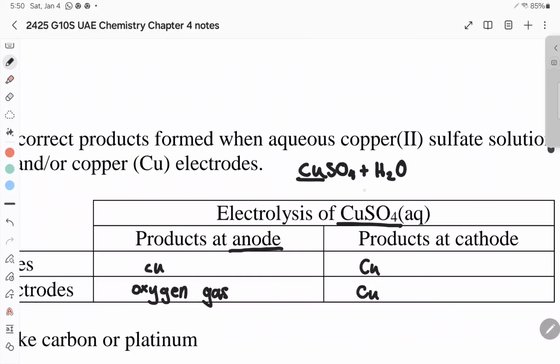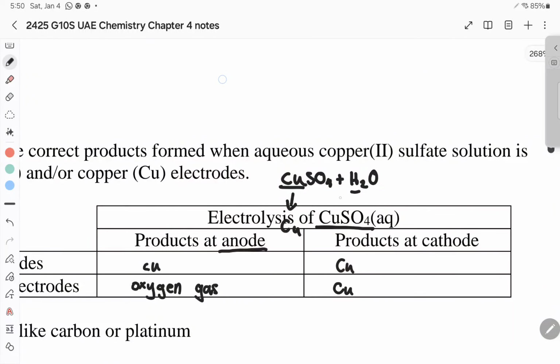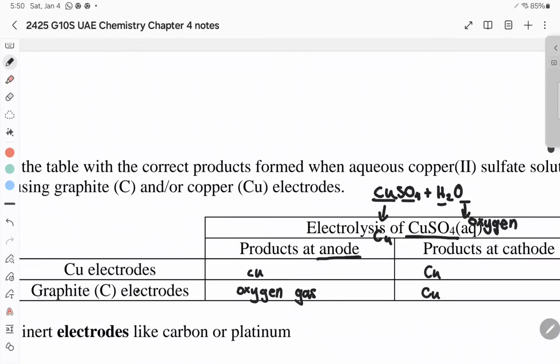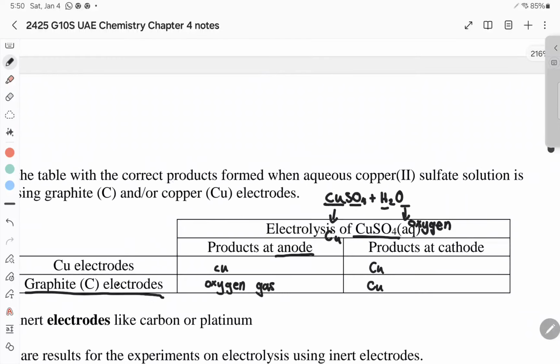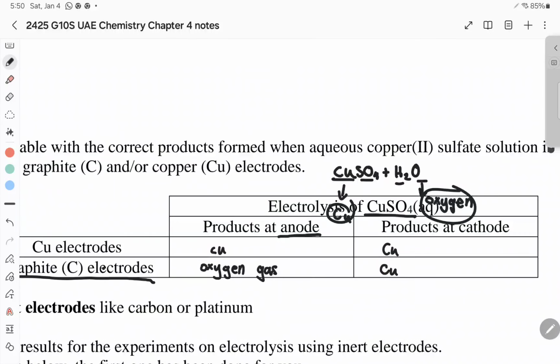So between the Cu and the H, Cu is going to form Cu at the cathode, and between the SO4 and the OH, it's going to form oxygen at the anode if you were using inert or graphite electrodes, because graphite and platinum are both inert, so they don't affect. So these are your expected results if you're using inert. But since you're using copper electrodes, it's going to affect the result of the oxygen, so you're going to have copper at both the anode and the cathode.